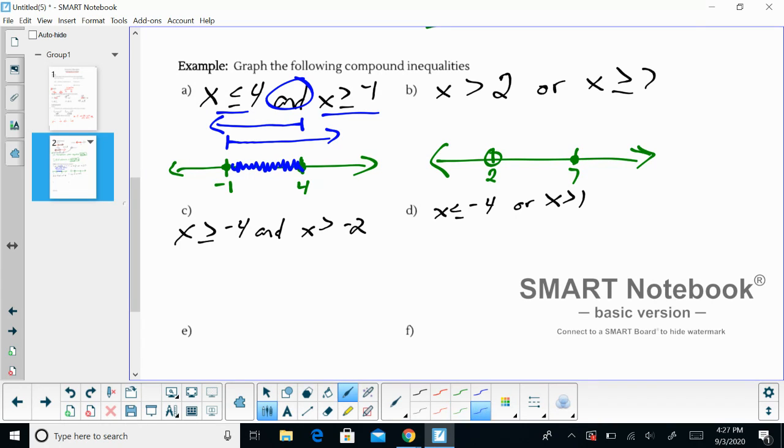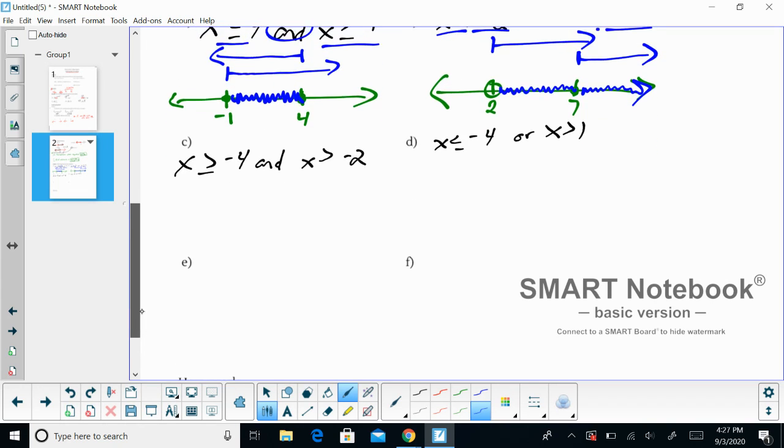Now here comes my little mini number lines. Which way do I shade? If it was just x is greater than 2, I would shade to the right. Which way do I shade for just x is greater than 7? I would shade to the right. Now an or problem is everything, so I'm going to shade in between my two numbers and to the right of 7.